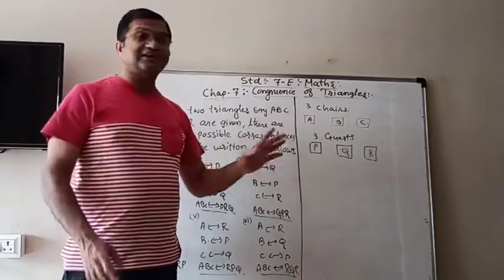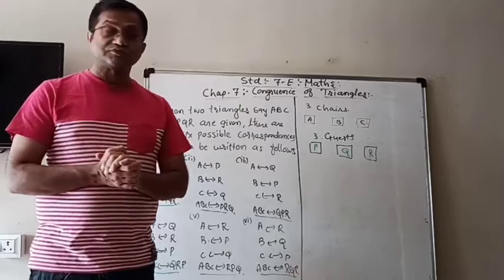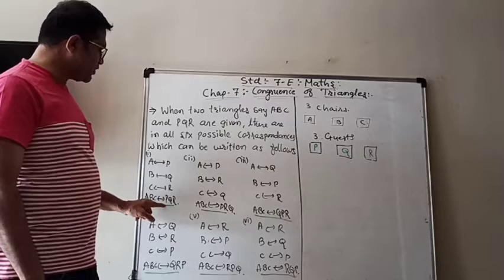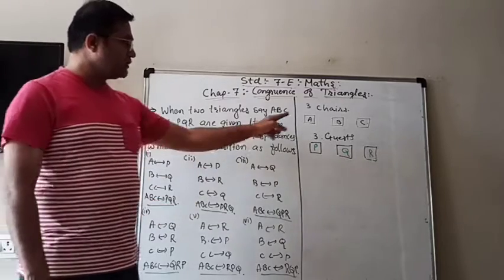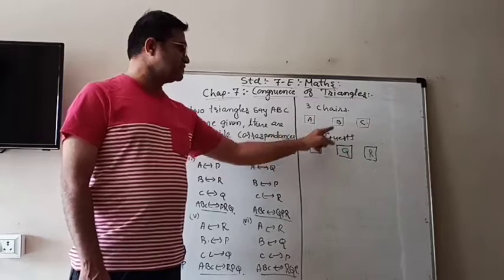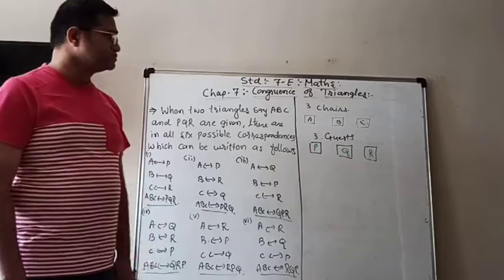Here, chairs and guests are the 3 vertices of 2 different triangles. So the first possibility is ABC corresponds to PQR, meaning on chair A person P sits, on B Q, and on C R.